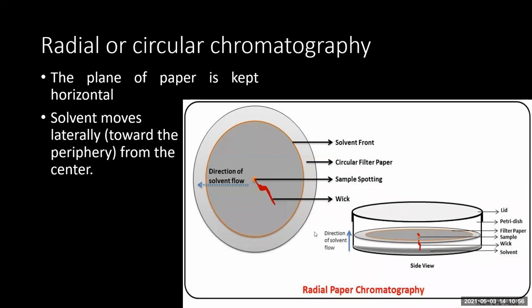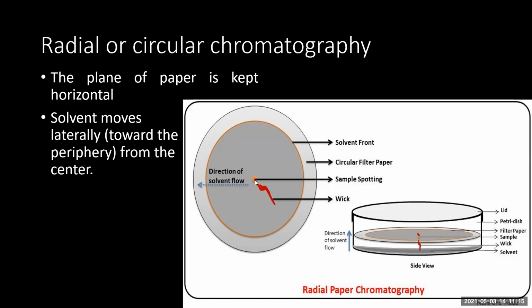What happens here is very simple. The solvent flows from the bottom towards the paper initially due to capillary action, and then from there it will move in a circular fashion uniformly.